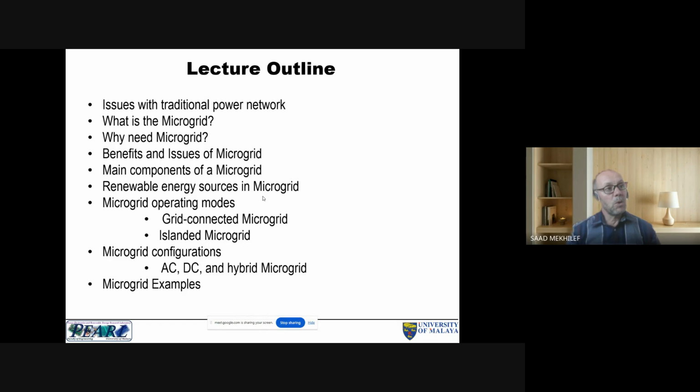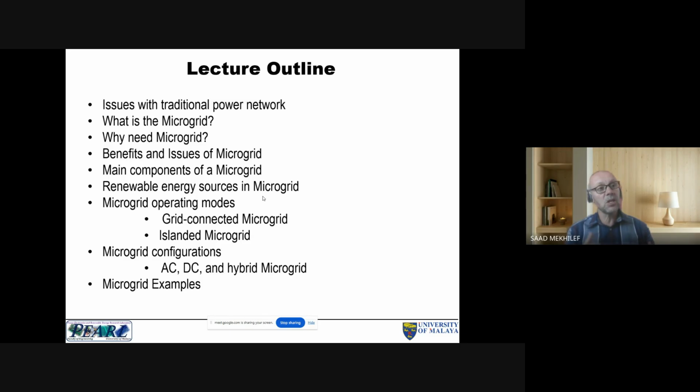We look mainly at solar and wind. In solar, we will look into how we design the solar systems, what the components of the solar systems are, how to select the inverter, how to select the PV modules, and how the PV modules work. Then we look into MPPT control techniques, and then the wind also, and then microgrid operating modes. These microgrids can operate in two modes mainly.